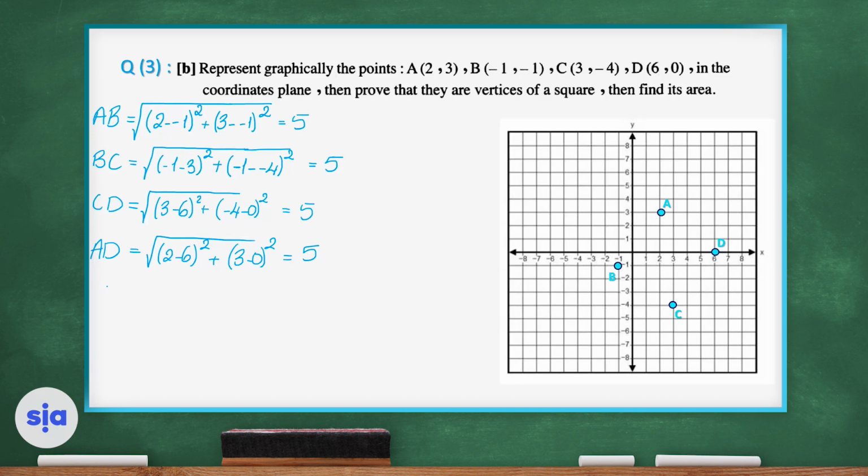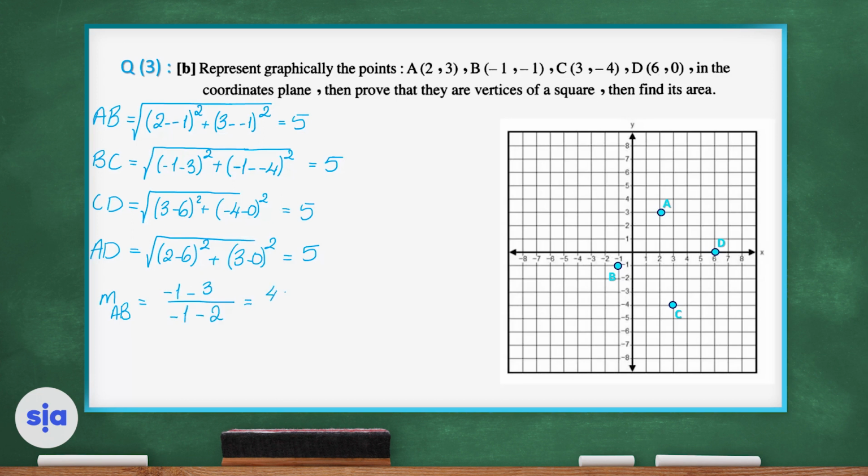That's not enough. We have to find the slopes of the four sides to prove that the opposite sides are parallel, that they have the same slope, and the two intersecting sides are perpendicular to each other. So the slope of AB equals y2 minus y1 over x2 minus x1.